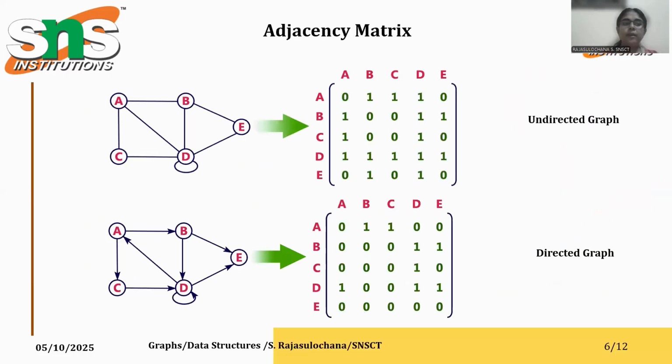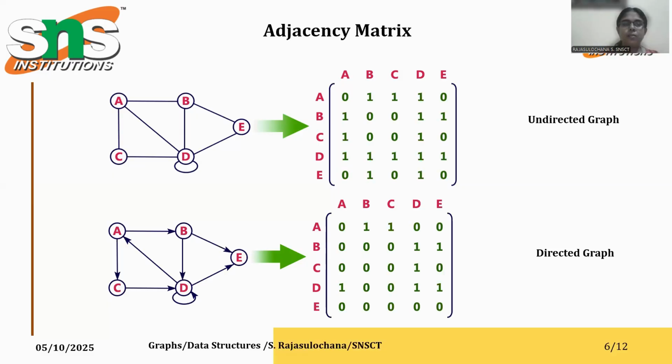When we were discussing tree data structure, we saw that a tree can be represented using array and linked list. Similarly, here a graph can be represented using adjacency matrix and incidence matrix. Now look at the adjacency matrix representation of a graph. Here rows and columns are represented by the vertices, and inside the matrix we have two entries, 0 and 1. For undirected as well as directed graphs, we have only two entries, either 0 or 1.